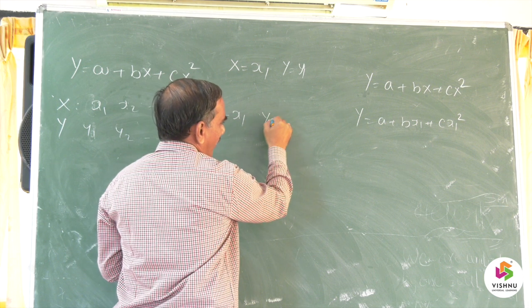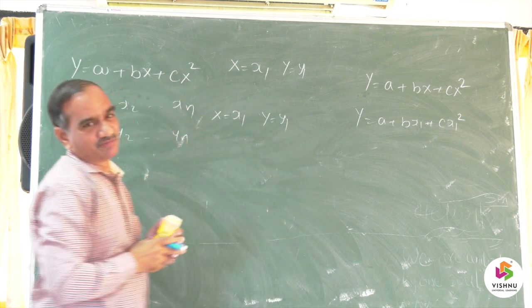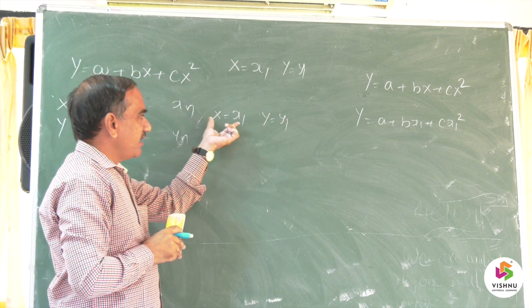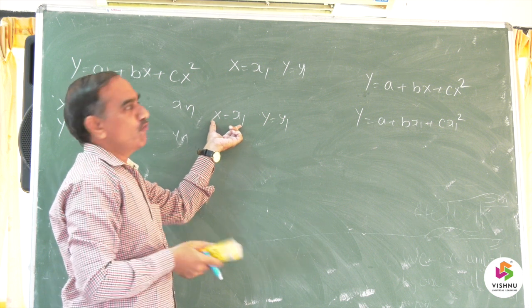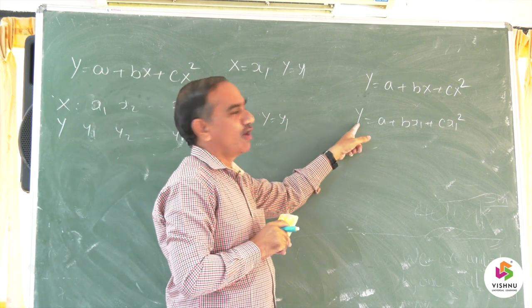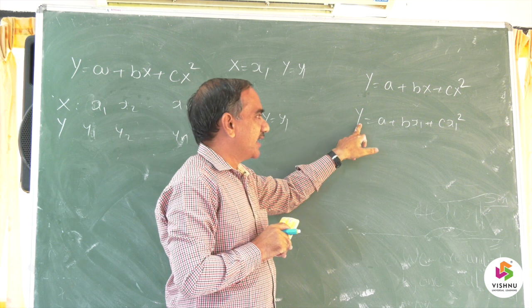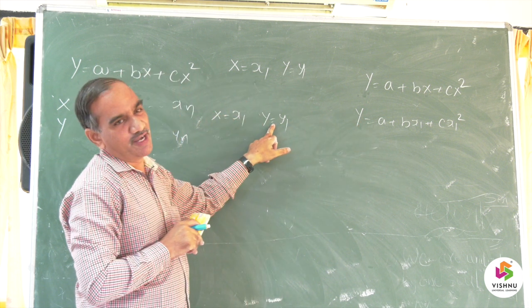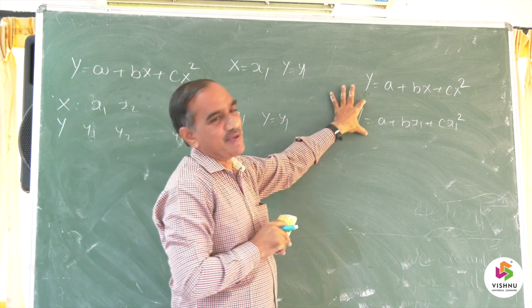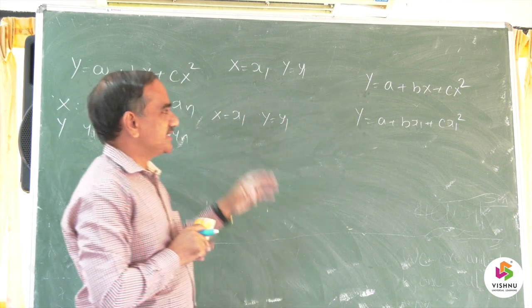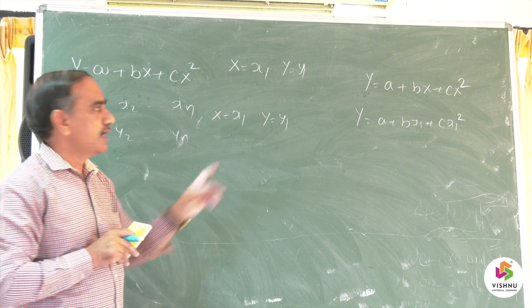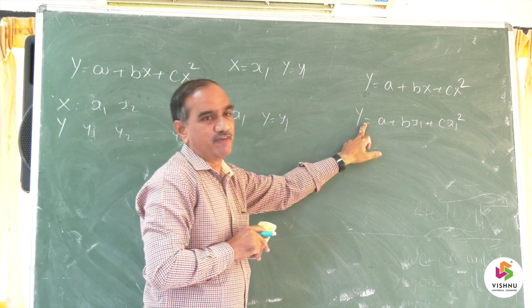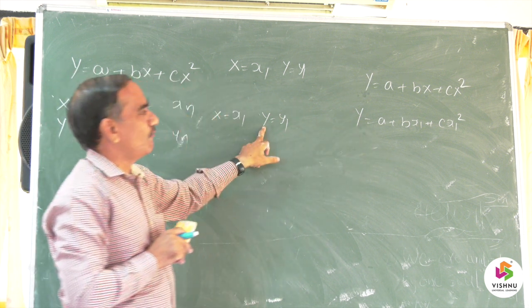At the same time, y is equal to y1 is also given. But we want to try with the help of x1 to estimate some new value. If the calculated or estimated value lies close to the given value, then it is said to be the best fit. So we want to test whether it is a best fit or not by measuring the difference between the estimated value and the original value.